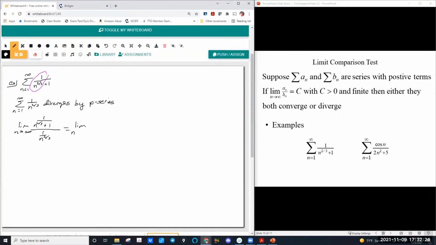Limit as n goes to infinity. We can flip this and multiply because we're dividing by a fraction. So we get n to the 2/3 over n to the 2/3 plus 1. Right now, we are in an infinity over infinity case.